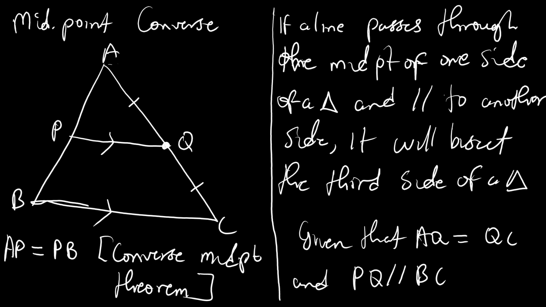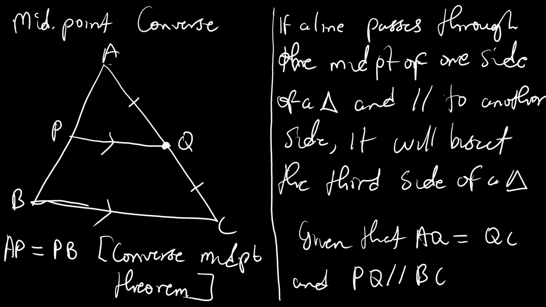On the first one, where we were talking about the midpoint theorem, we were not given the parallel lines, but here we are given the parallel lines. So we must differentiate between the midpoint theorem and the converse midpoint theorem. The reason for this one will be the converse midpoint theorem.